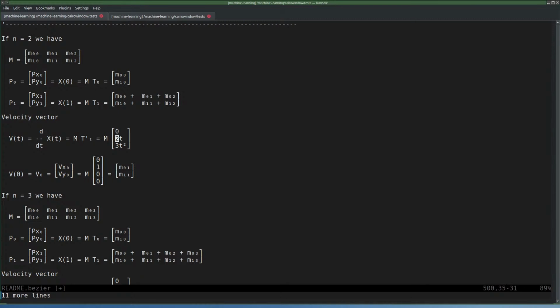What's t squared? So this is the derivative of t, and then this is the derivative of t squared. So v0 is, no, I get the same here.